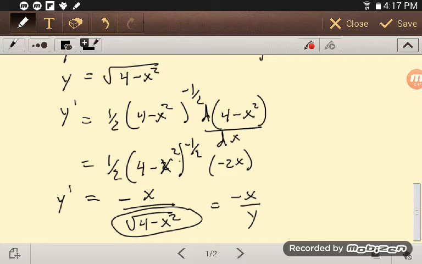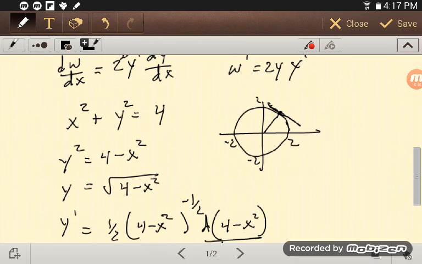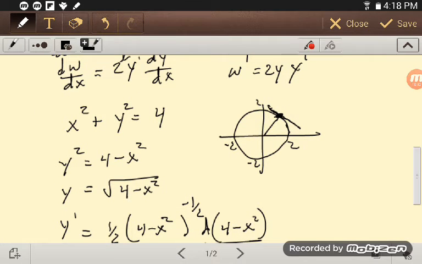And if I wanted to know that derivative at this particular point, I'd have to know what that point is, but if, say, that angle is at 45 degrees or pi over 4, I know that square root of 2, square root of 2 is that point right there. And you can check that. If I square them, I get 2 plus 2 is 4. And certainly if the lengths are the same, then that is the angle of pi over 4 or 45 degrees.